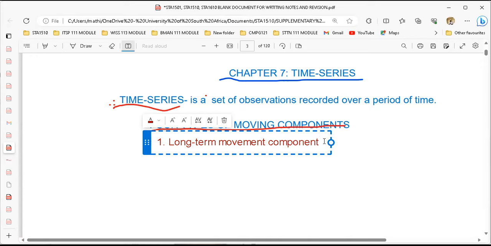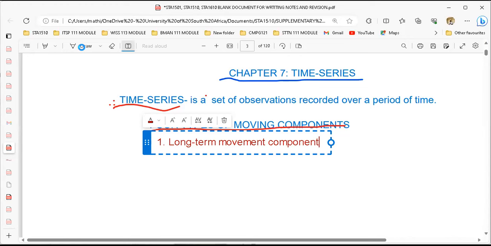One, we have the long-term movement component. When you're talking about the long-term movement component, let me show you an example and draw something with regards to it. One example of a long-term movement component is the growth of the human population.